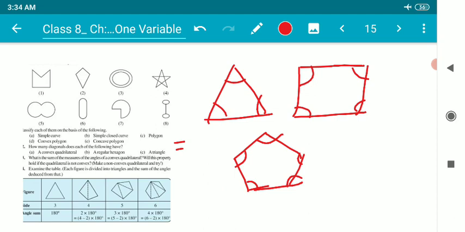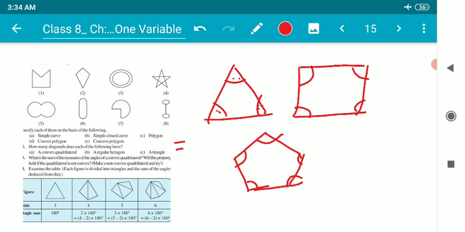What is the sum of all the interior angles of a triangle? We know that it is 180 degrees. We have been learning it, or it's known to us right from class 5. But children, as we are studying class 8, we need to know the actual formula: how to find the total sum of the interior angles.